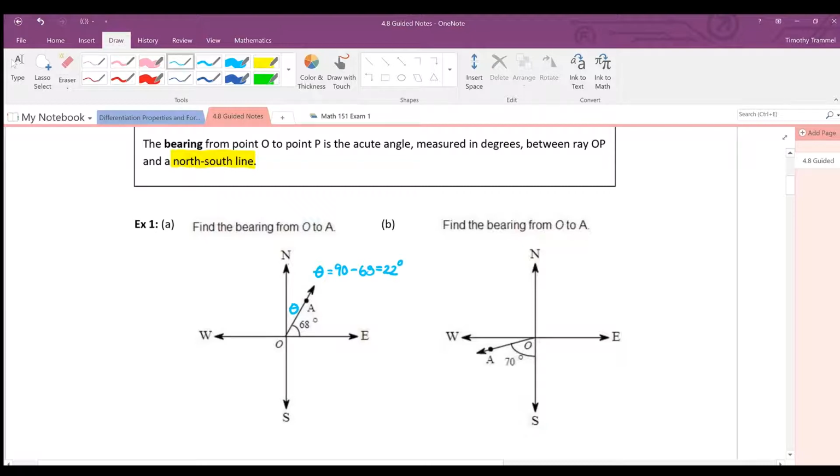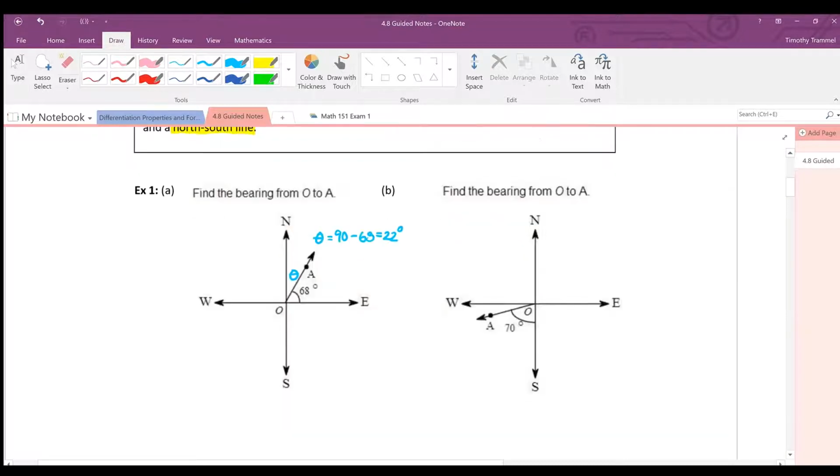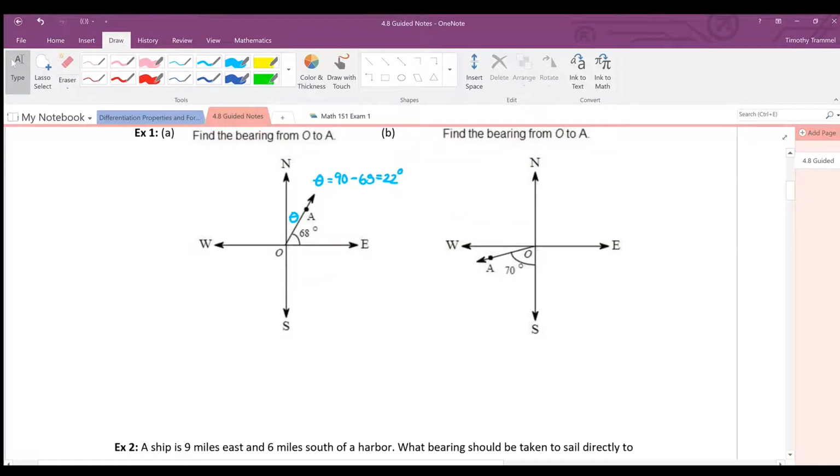Now let's look at the one in part B here. It's already off of the north-south line, so we're not going to have to do what we just did. But there's a little bit more to this than just finding that angle. We want to write this as well. This first one, you can see it's pointed northeast.